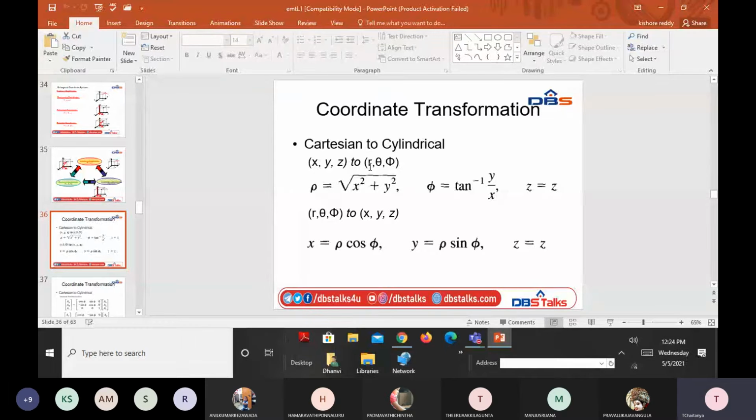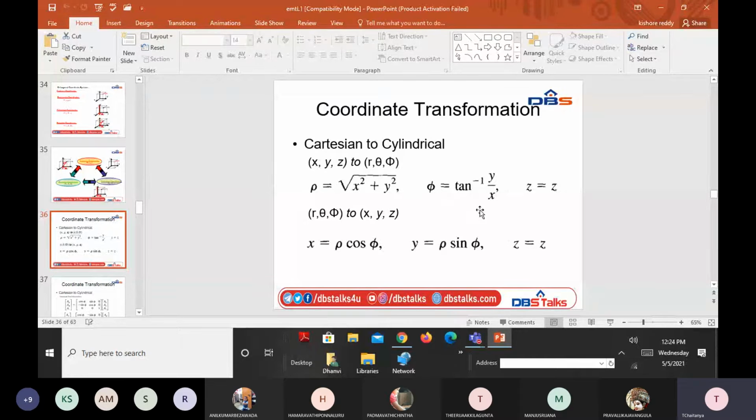Here, rho, the radius, is equal to the square root of x squared plus y squared, the azimuthal angle phi is tan inverse of y by x, and z is z.